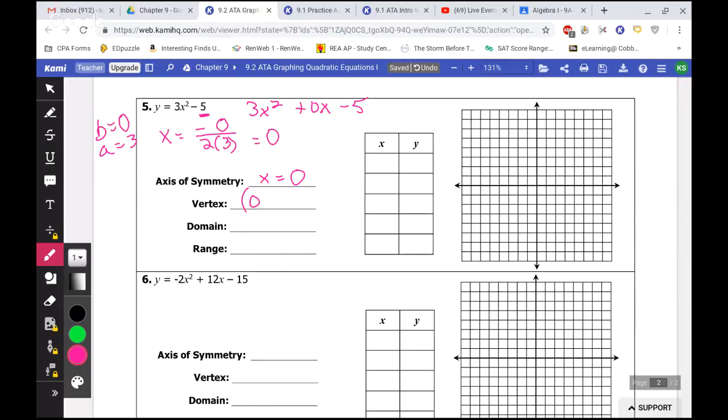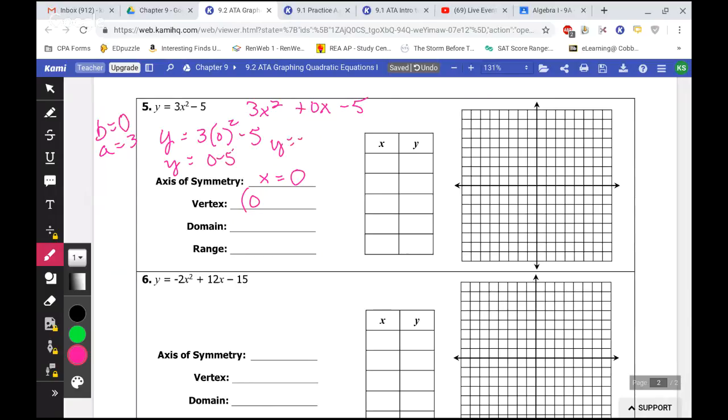And to find the y coordinate of the vertex, you'll plug the x value back into the original equation and solve for y. So y equals 3 times 0 squared minus 5. Not that it will really matter, because 0 squared is 0 and 0 times 3 is 0, minus 5.